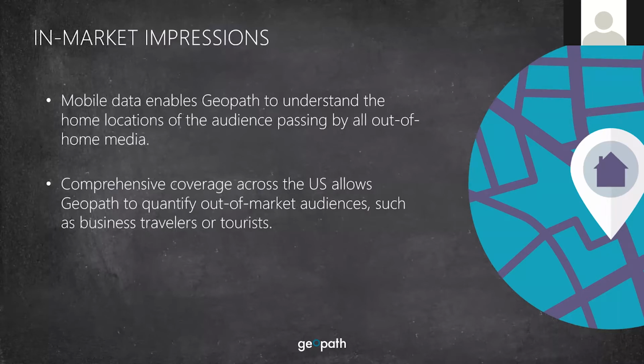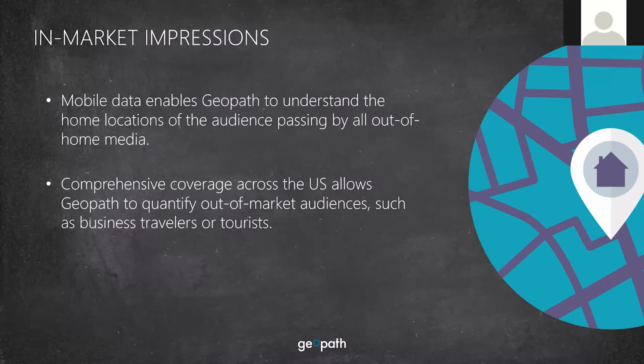All right, so in-market impressions. There's a lot of people driving down roadways. Inventory is located in a marketplace, but not every single person driving down that roadway and seeing that piece of inventory is from that marketplace. This is another area that has provided an incredible amount of precision and scope and understanding for out-of-home audiences, because mobile data has really enabled us to understand how people are moving, not only within a marketplace, but across the entire country for all inventory.